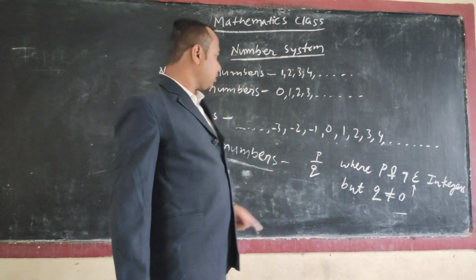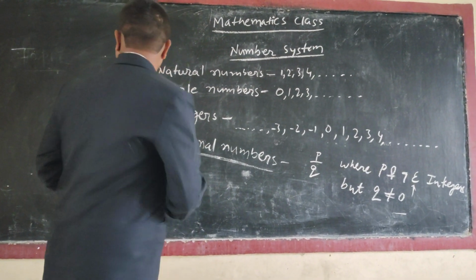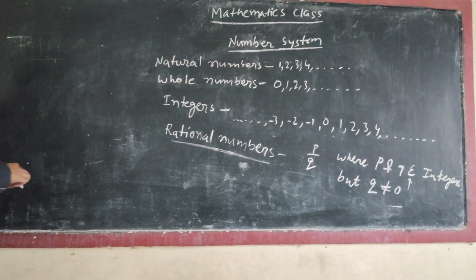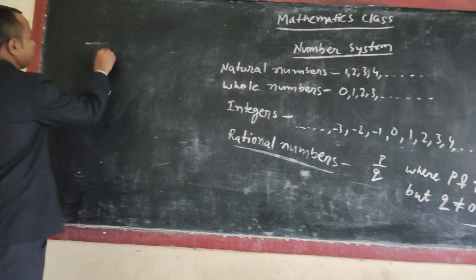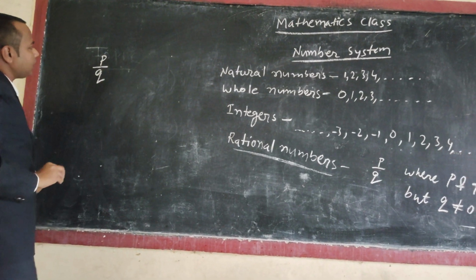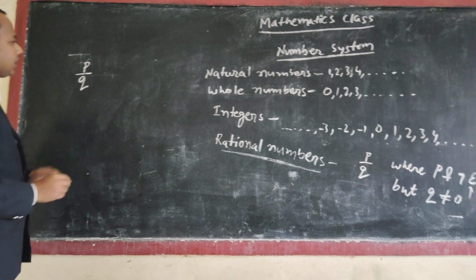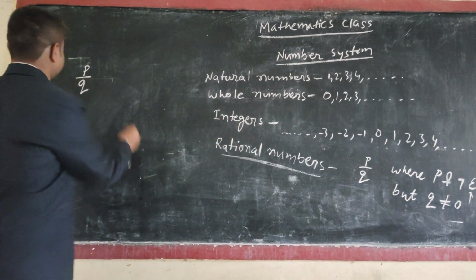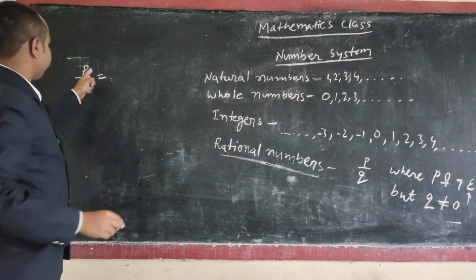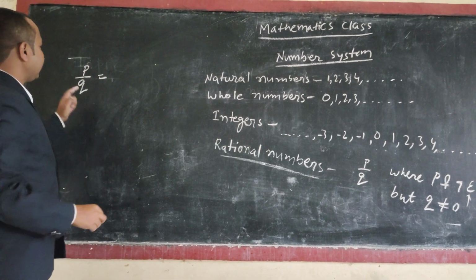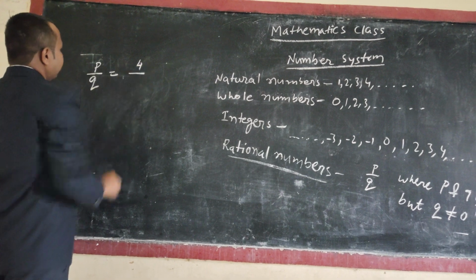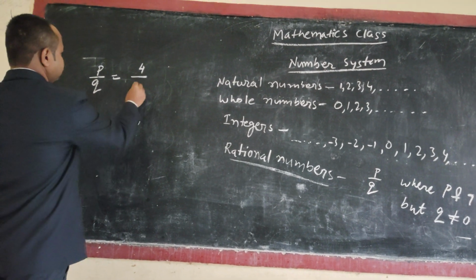We can take an example. Let's take any p and q belonging to integers. You can take any integer in the place of p. Like I am taking a positive integer 4, and a negative integer -3.